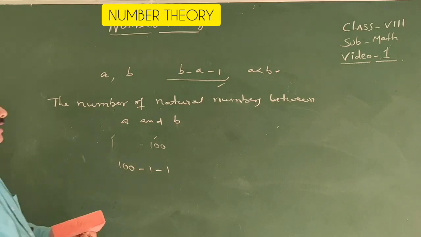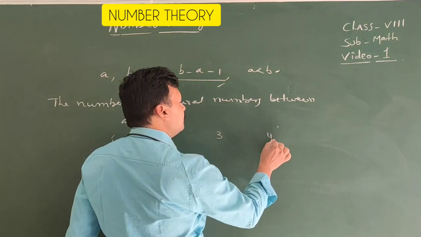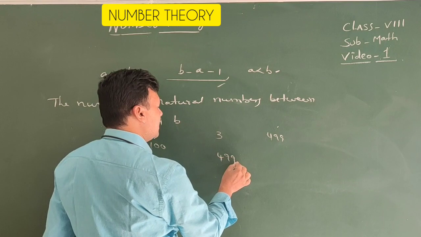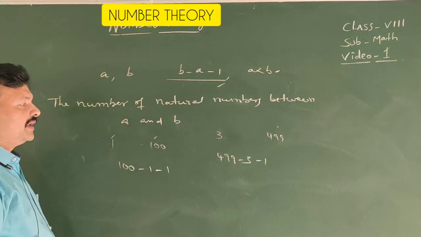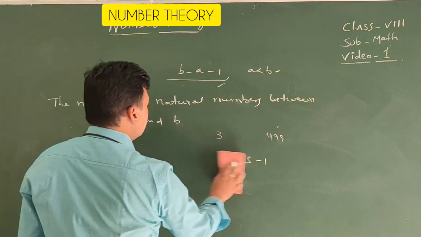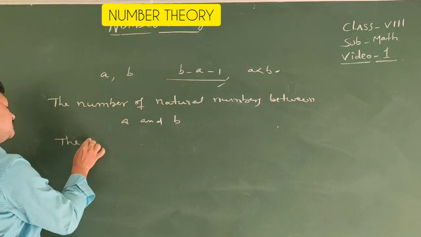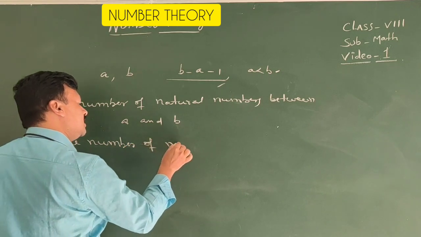Sometimes they will ask how many natural numbers are there between 3 and 499. That is 499 minus 3 minus 1, meaning 495 natural numbers. Okay, next, the number of natural numbers.